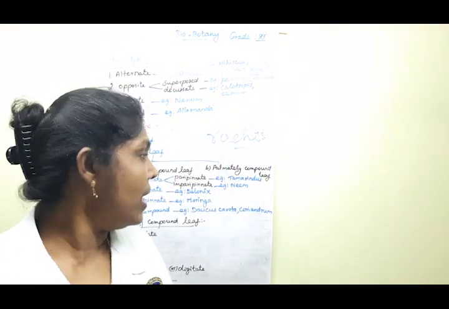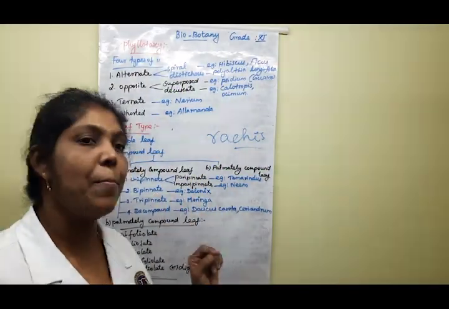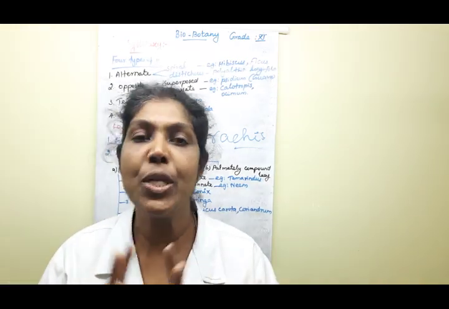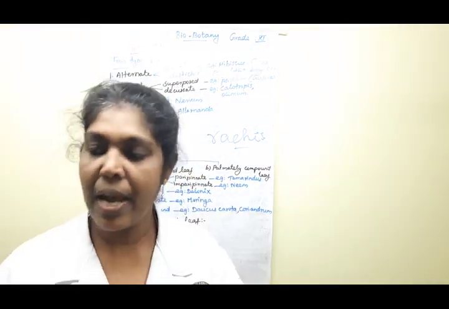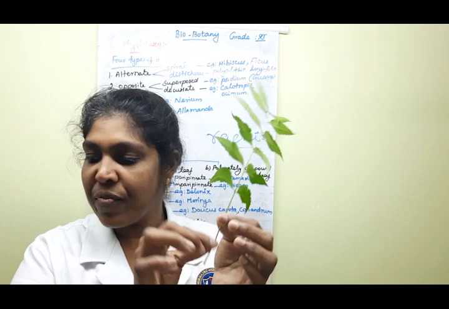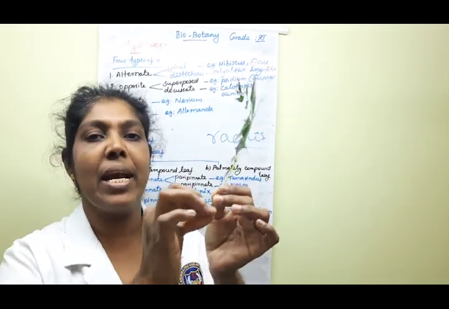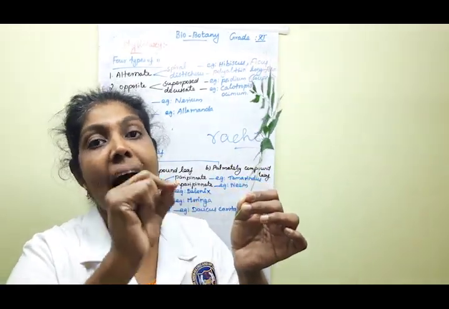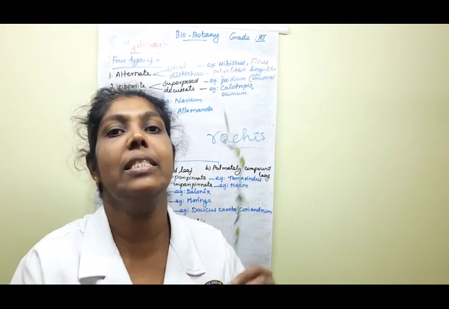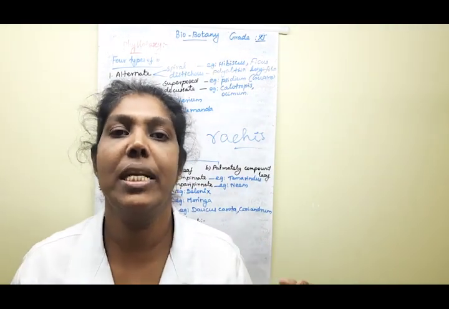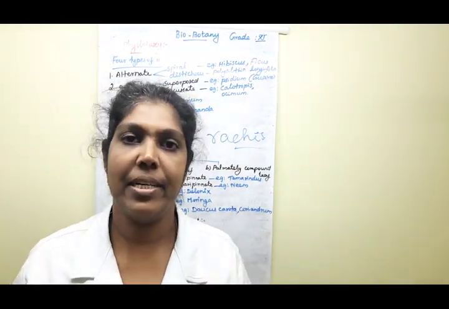Clear? Yes. Good. The next one, the second type, is bipinnate. Bipinnate, you know that. This is the primary rachis. From this, a secondary rachis develops, and that secondary rachis bears the leaflets. That is called bipinnate. Clear, children?